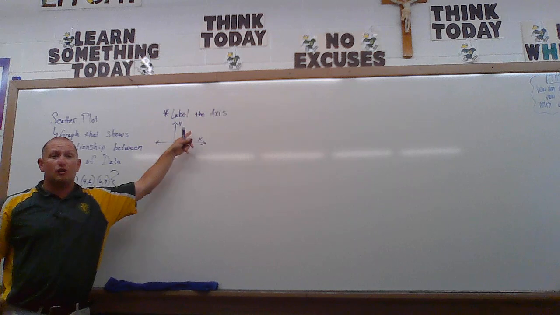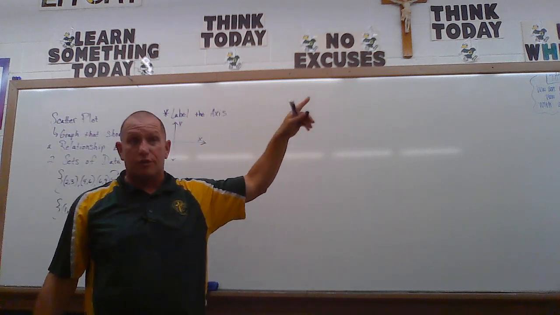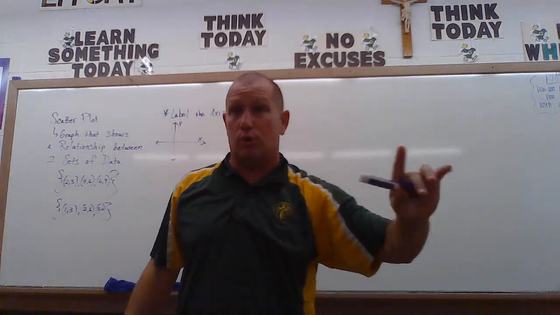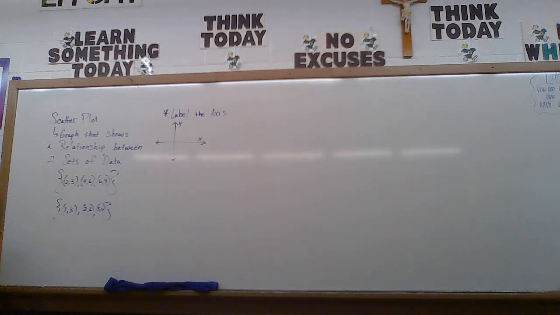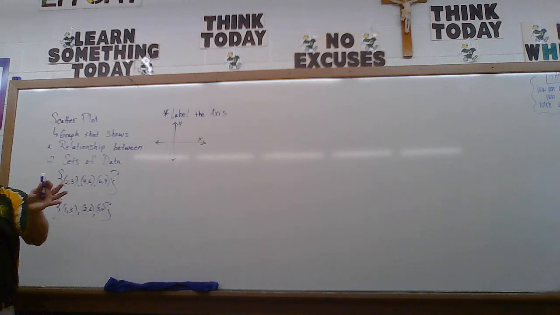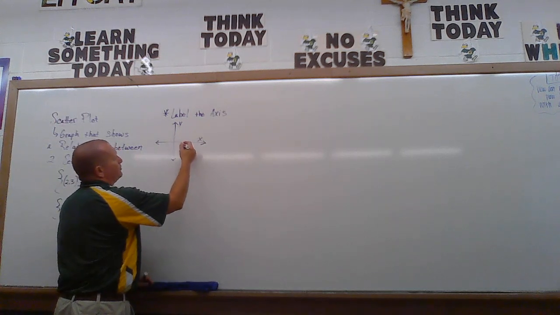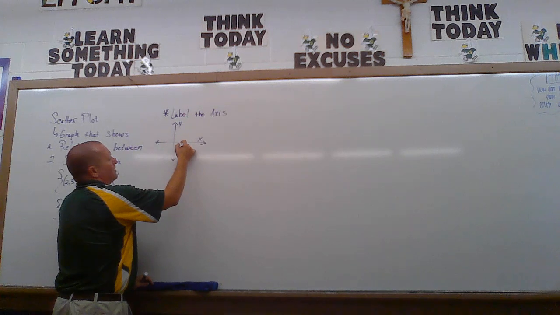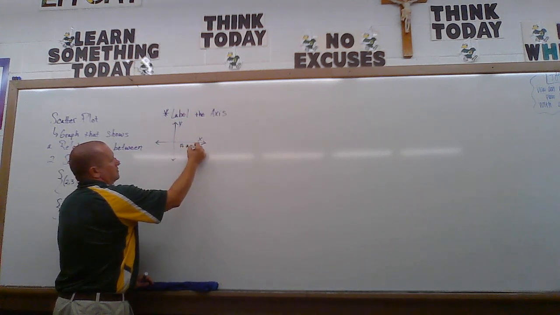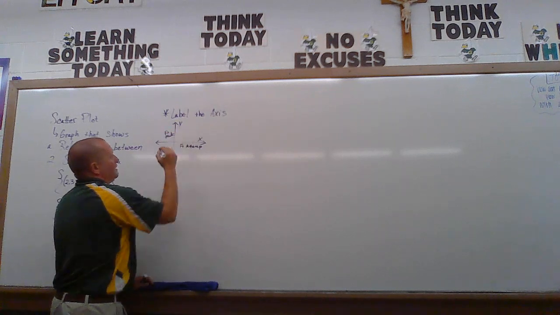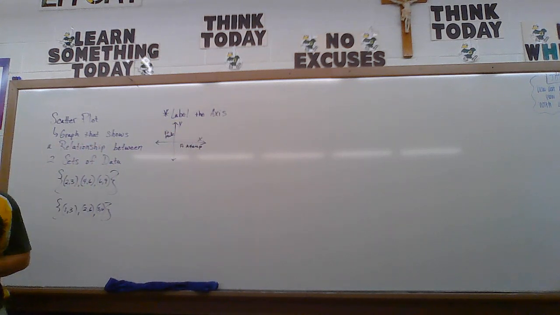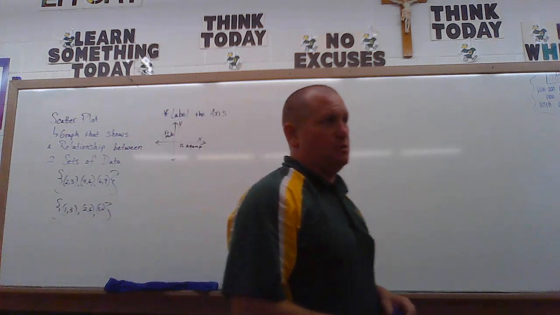And what's true about all the points in quadrant 1? They're all positive, right? Doesn't matter if it's the x or the y coordinate. So they're all going to be going up like this, or all going to be coming down. But a label means we would put something down here: free throws attempted. And then free throws made. I want everybody to know what my graph or my plot is trying to show.